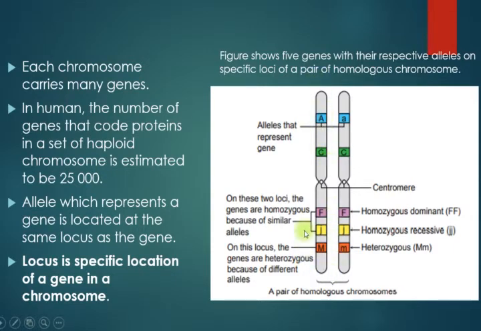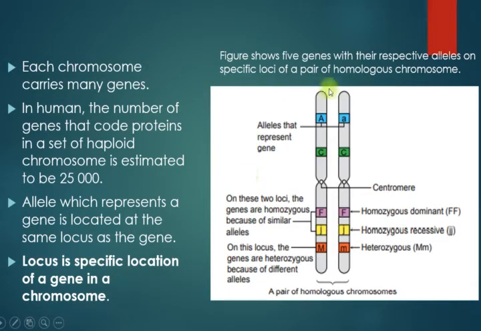It means that a haploid chromosome set contains 25,000 different genes. An allele which represents a gene is located at the same locus as the gene. A locus is a specific location of a gene in a chromosome.